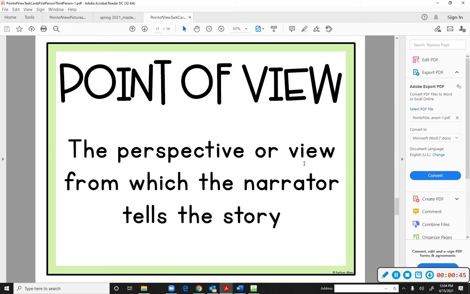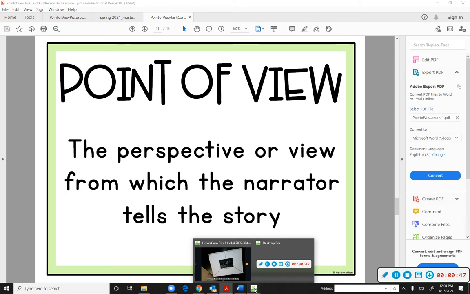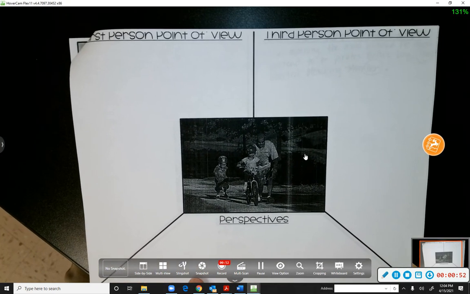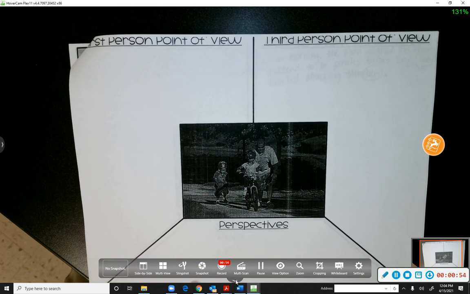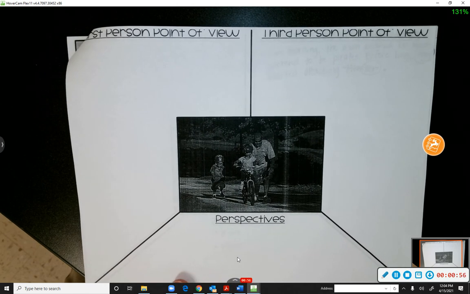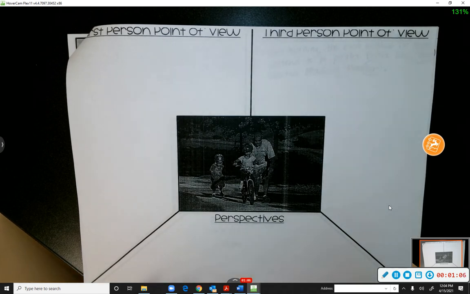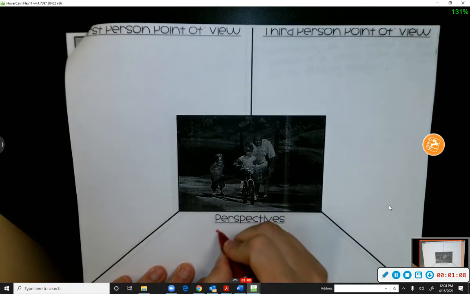Okay, so let's look back at our pictures we did yesterday. We had 2 more left, and we're gonna talk about the perspectives that we could write in. We have kids on a bike, and then looks like a dad helping them. So we could write from the dad's perspective or the kid's perspective.